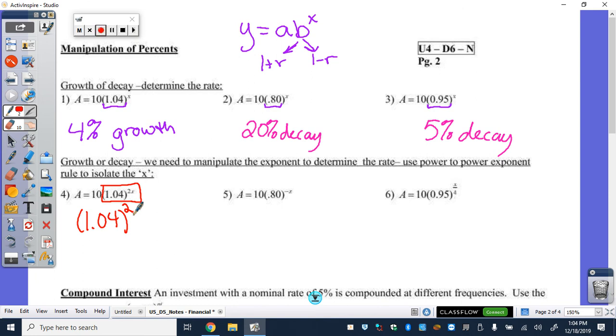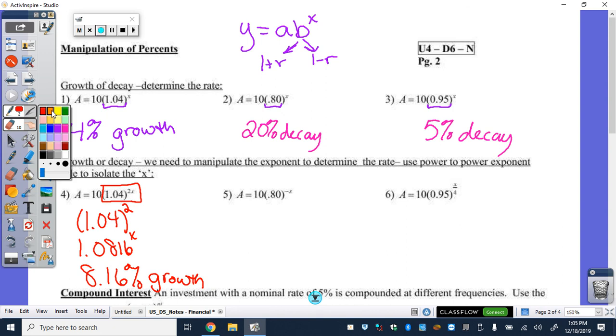So use our calculators, 1.04 squared, 1.0816. So that is what our b value actually would be. It would be 1.0816 to the x power. So now we can actually figure out, since it's just an exponent of x, what is our percent of growth? 8.16% growth. So you have to first fix things up so that it's just an exponent of x, and then you can actually figure out your growth or decay rate.